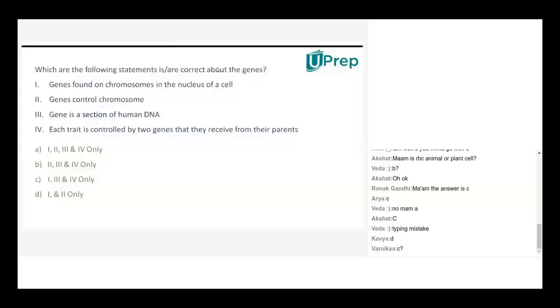Each trait is controlled by 2 genes that they receive from their parents, isn't it? So this option is also correct. Answer is A. Any doubt? I don't know, no one chose A. Everyone left A alone. So the answer is A. All the options are correct.